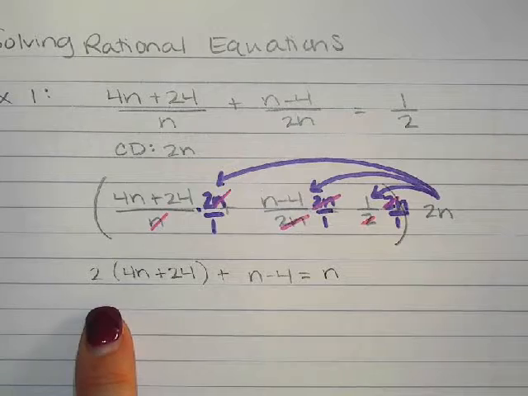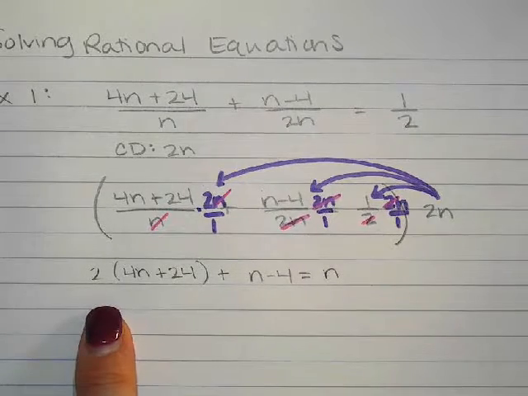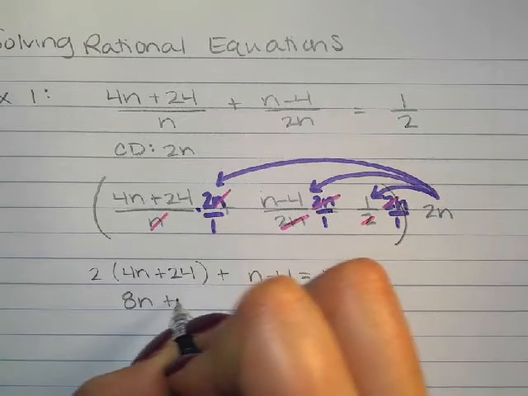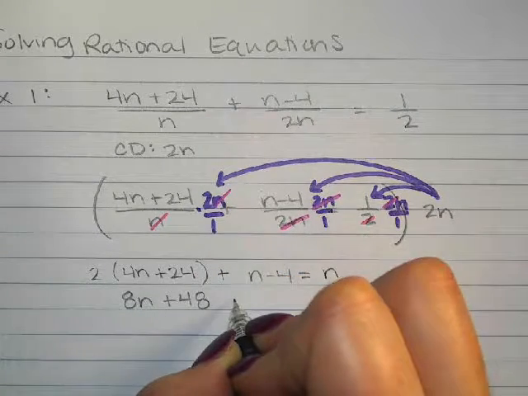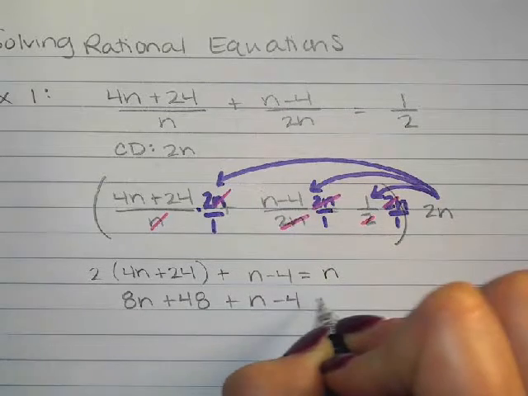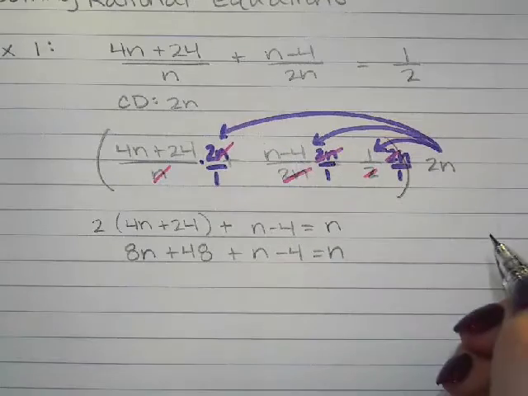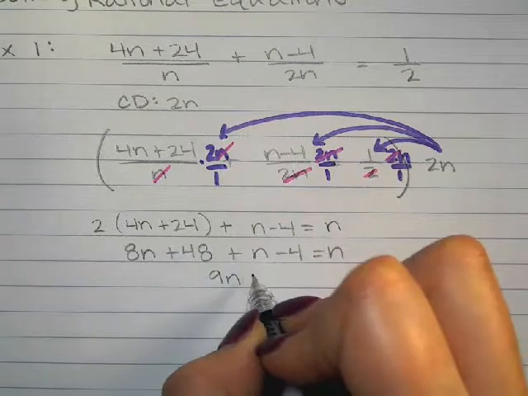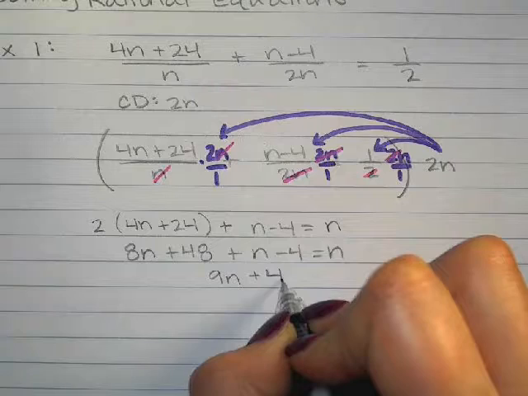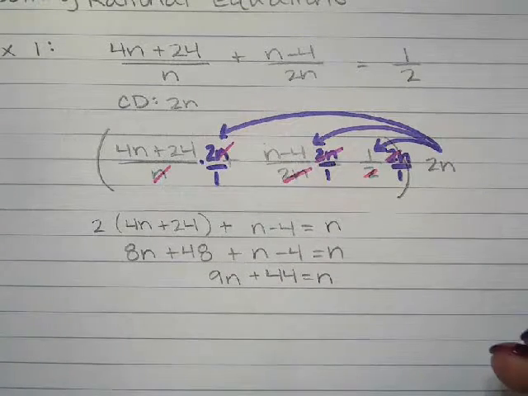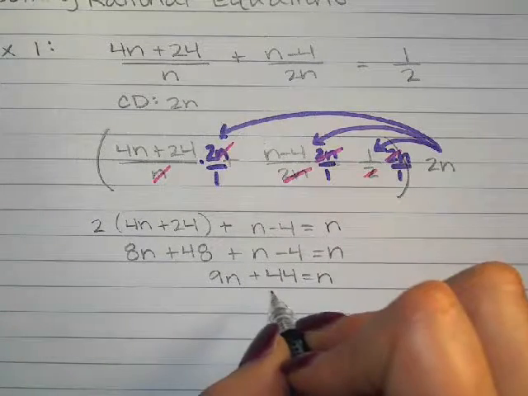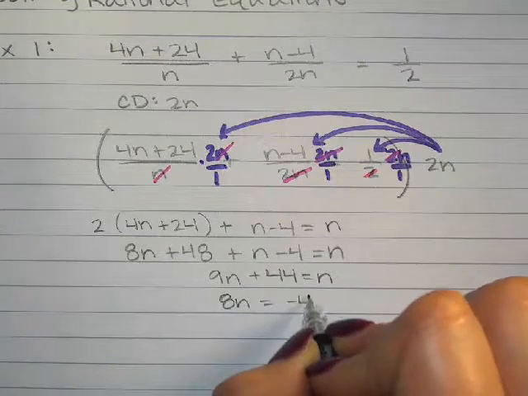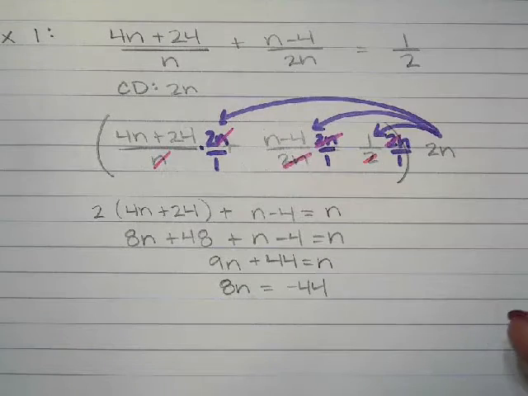Okay, what should I do now? Distribute the 2. So I'm going to have 8n plus 48 plus n minus 4 equals n. So 9n plus 44 equals n.